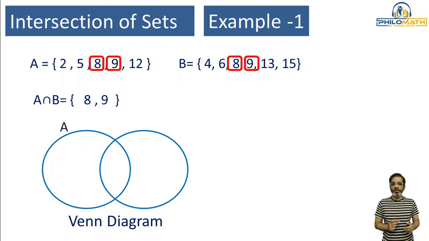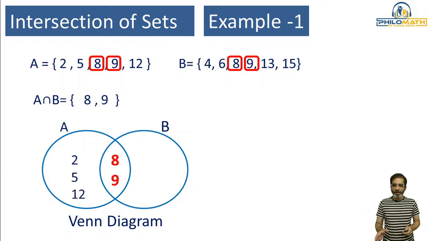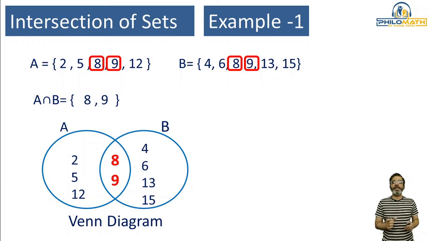First let me specify the two sets A and B. Then I'm going to write the common elements in the intersection part, that is 8 and 9. The remaining elements from A, that is 2, 5 and 12, I will write in the A part. And the remaining elements from B, that is 4, 6, 13 and 15, I'm going to write in the B part.